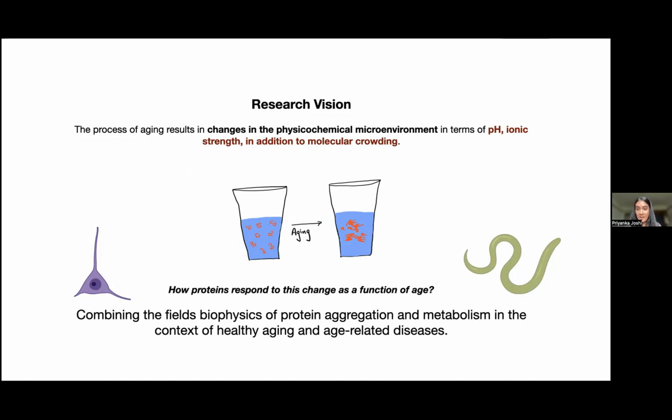And I use the model C. elegans because of its short lifespan. It lives for about 2 weeks. Its genetics is largely known, and it's a very powerful model to study aging. I also use neuroblastoma cells, all in all, towards the biophysical determination of cellular and organismal aging.